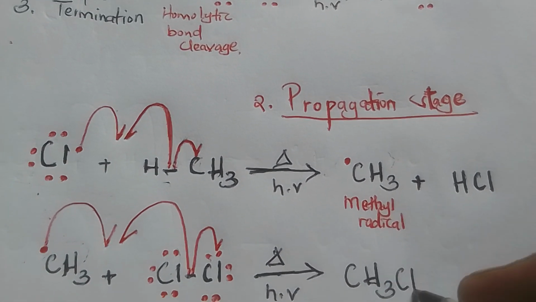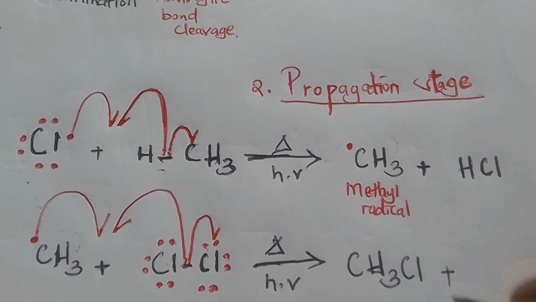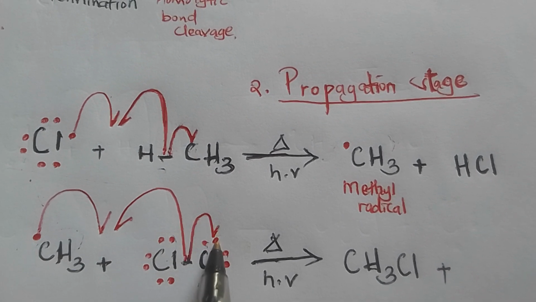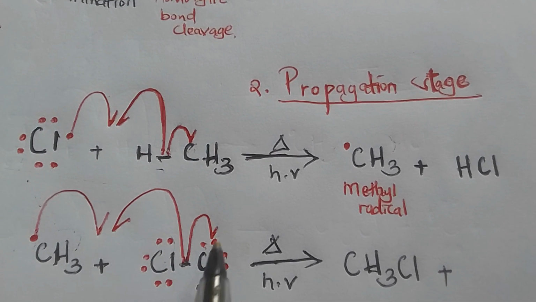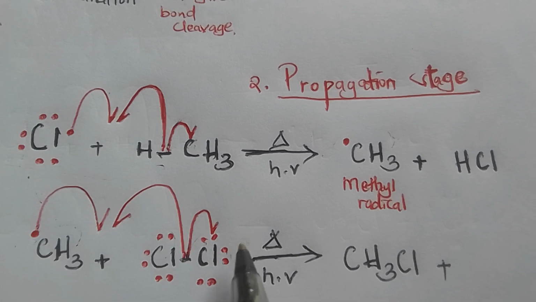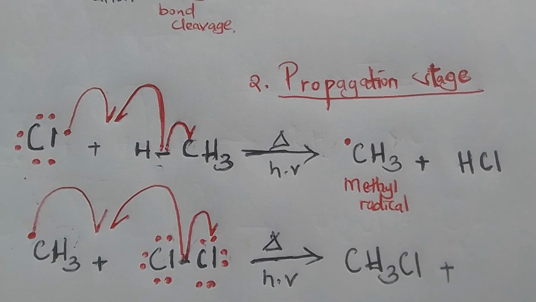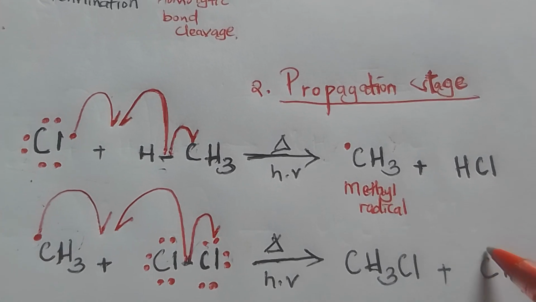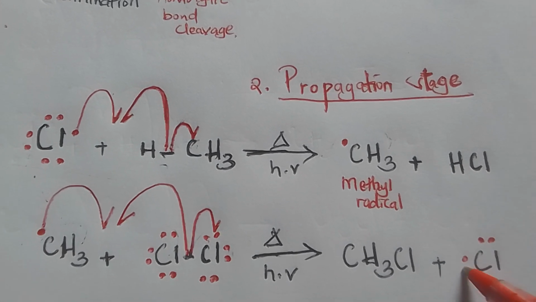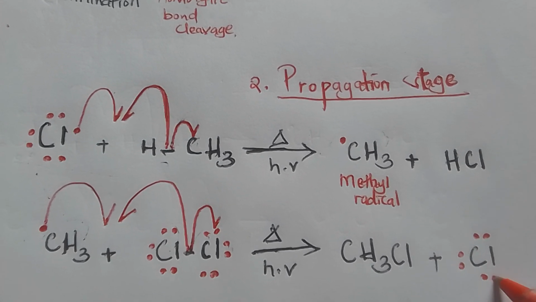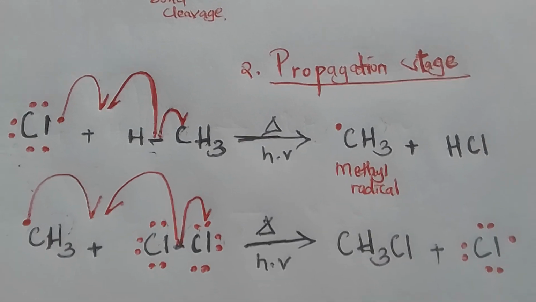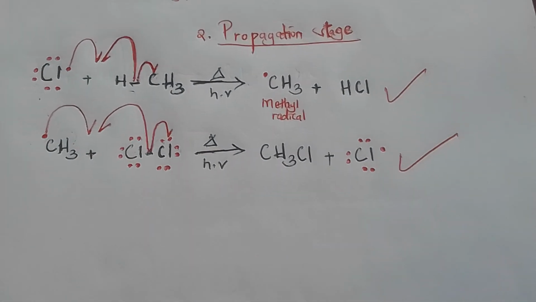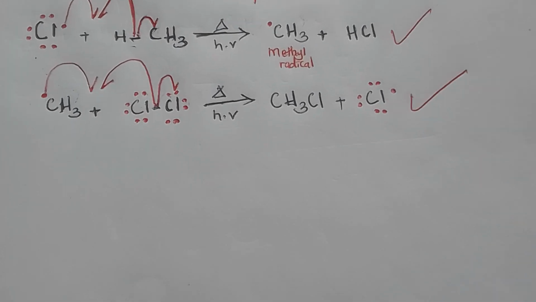And remember, when this electron moves to the next chlorine, another chlorine radical will be formed. So plus chlorine radical, the chlorine radical is formed. Nice. So these are two important reactions that take place at the propagation stage.